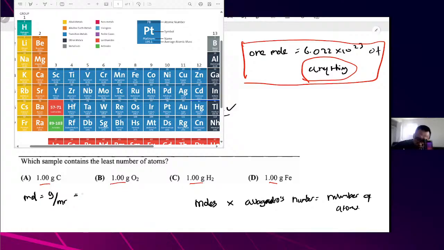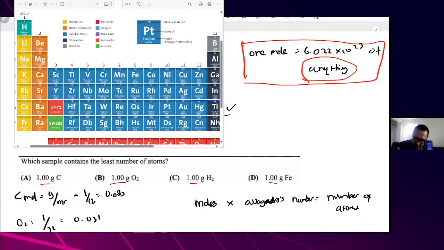So 1 gram divided by 12 ends up being 0.083. That is for C, right? And then for O2, we have 1 gram, and the oxygen molecule is 32, sorry.